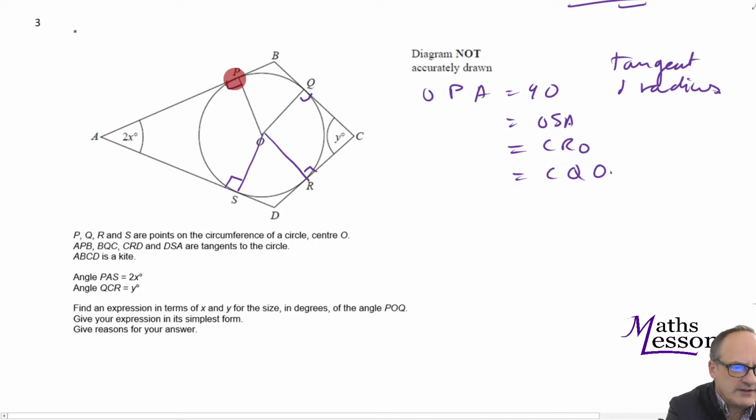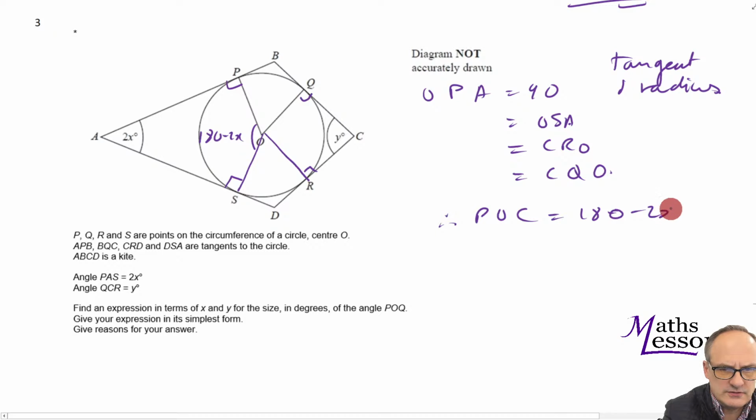So this means, therefore, if that's equal to 90 and that's equal to 90, then this angle here is equal to 180 minus 2x. So therefore, POS equals 180 minus 2x.